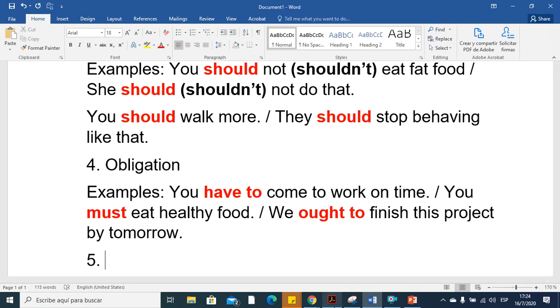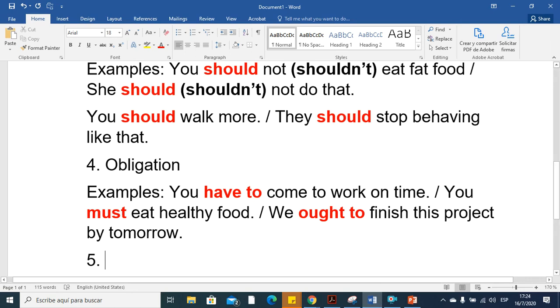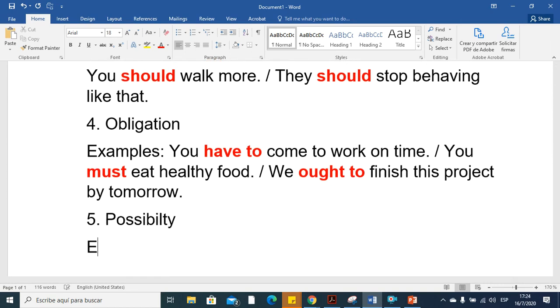Now let's move to another type, such as the one we have in this mind map. It says certainty, but we have covered that. Possibility, yeah. So another thing that modals can help us talk about is possibility.